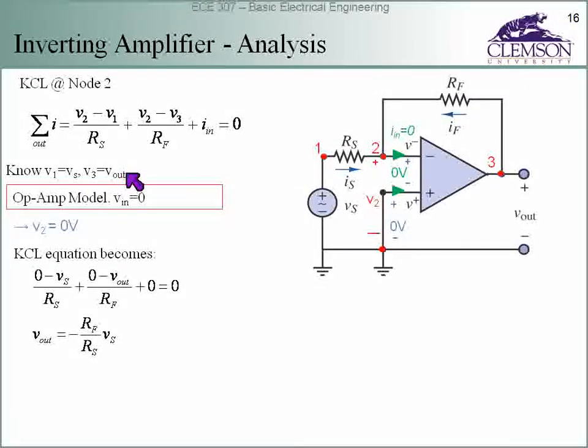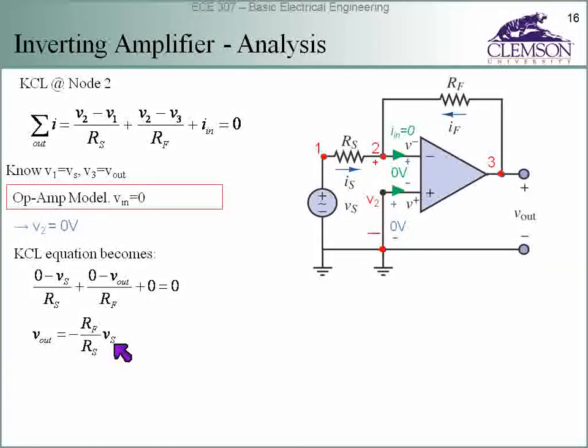We make those substitutions into this equation, and we can write V2 as 0, and V1 is equal to Vs, then V2 is 0 again, and V3 is equal to V out, and you see we can solve for V out as a function of the input. This is the relationship we're looking for.